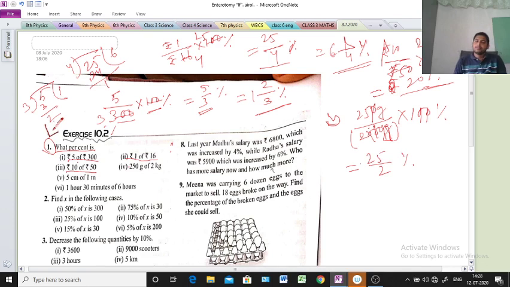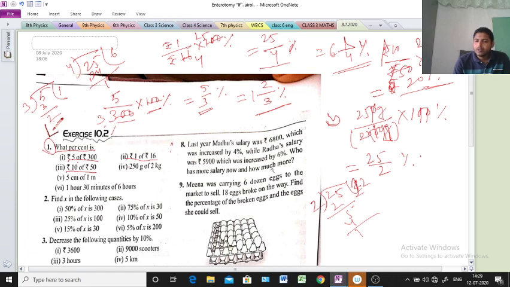Understood everyone? So what fraction is this? An improper fraction, so now we convert into a mixed fraction. Do division, 25 divided by 2. 2 ones are 2, 5. 2 twos are 4, 1.